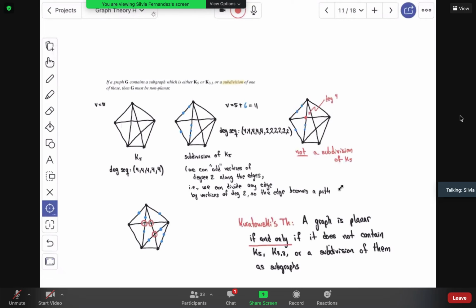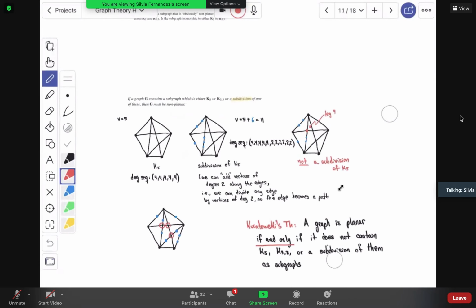And so if that's part of a bigger graph, then that graph won't be planar because that little piece won't be able to be planar, right? So one direction is super clear. If a graph is planar, it doesn't contain this. But the fact that if it doesn't contain this, then it's planar, that's the difficult part. So this is an if and only if problem.